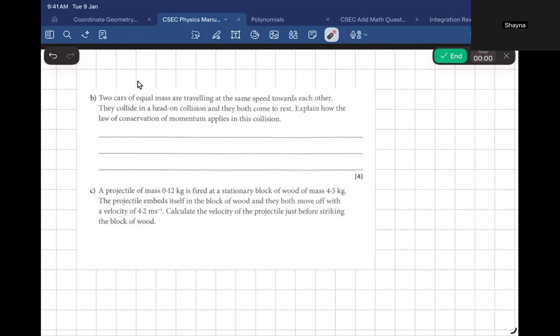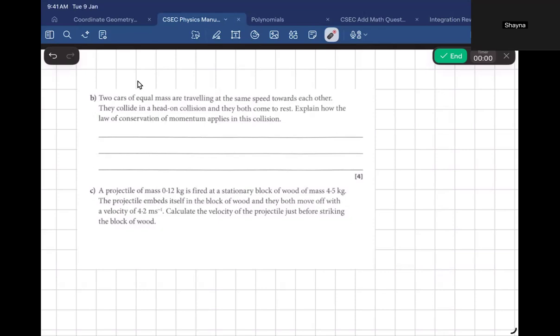All right, let me see what I have here. I don't know if the explanation goes with this one, but yeah. So the law of conservation of momentum states that total momentum before collision is equal to total momentum after collision.